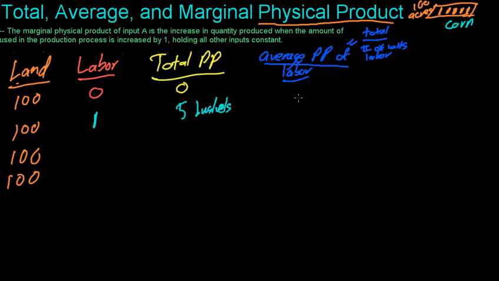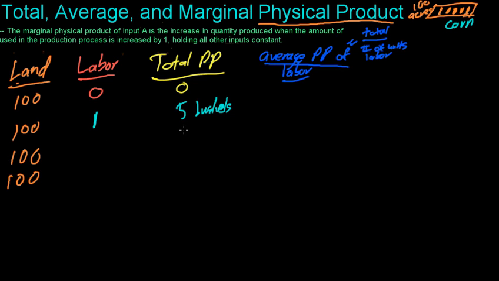All it's saying is, not taking into account land, and that's going to become more important later, you'll see, just dealing with respect to labor, what is the average product per unit of labor?